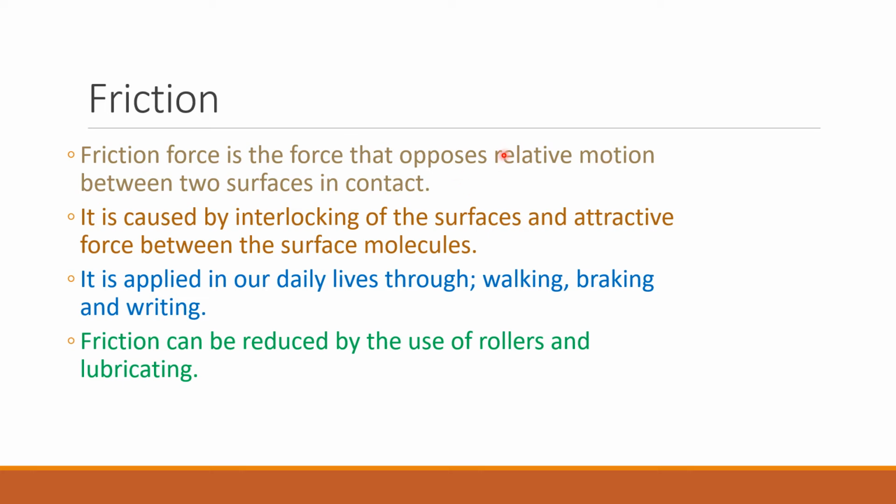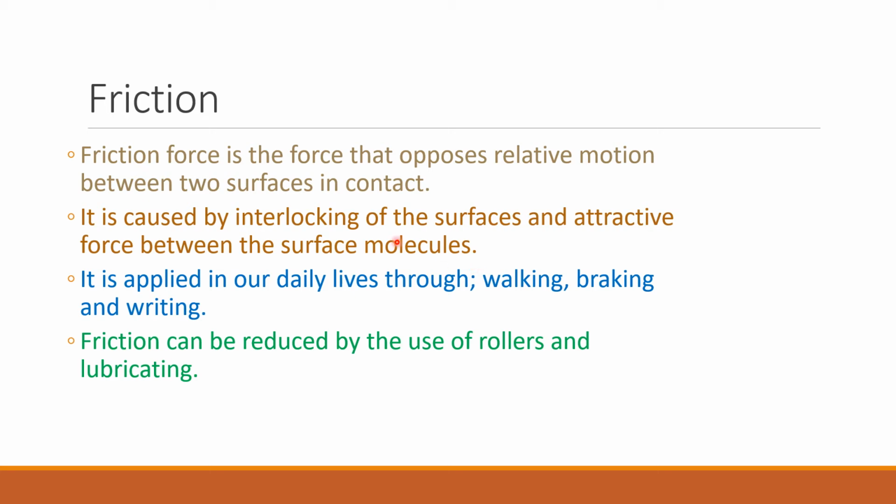If a car is moving at a certain speed and we apply friction, then that car will be able to decelerate or slow down. Friction is caused by interlocking of the surfaces and attractive force between the surface molecules. So that is what we call friction.